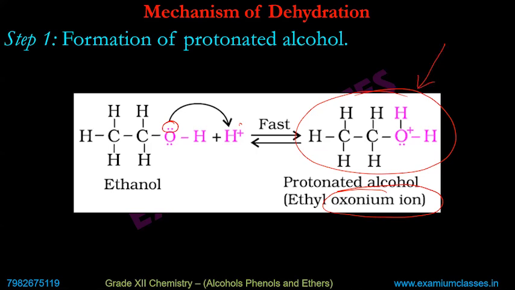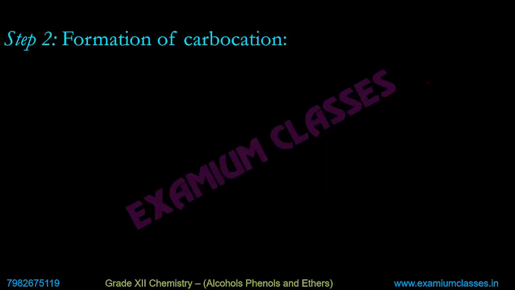It is called oxonium ion. And the reason is very simple why it is called oxonium ion, because the charge is on oxygen. This molecule now has charge, that's why ion. Oxygen has charge, that's why oxonium ion. But this is unstable because oxygen cannot have positive charge. Electronegative cannot have positive charge.